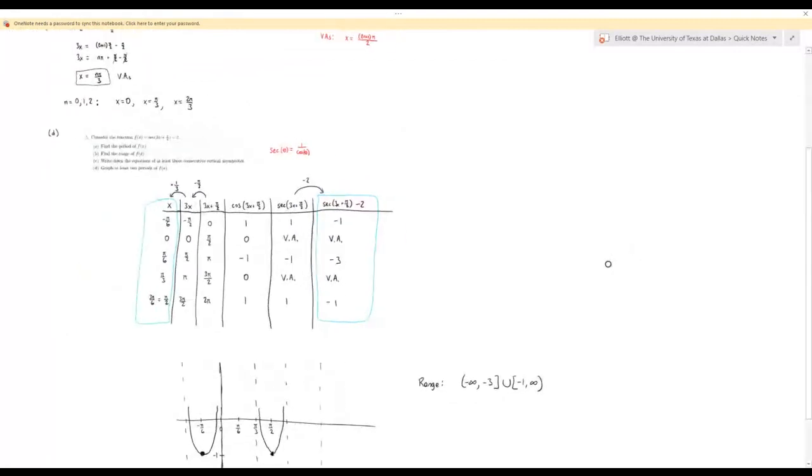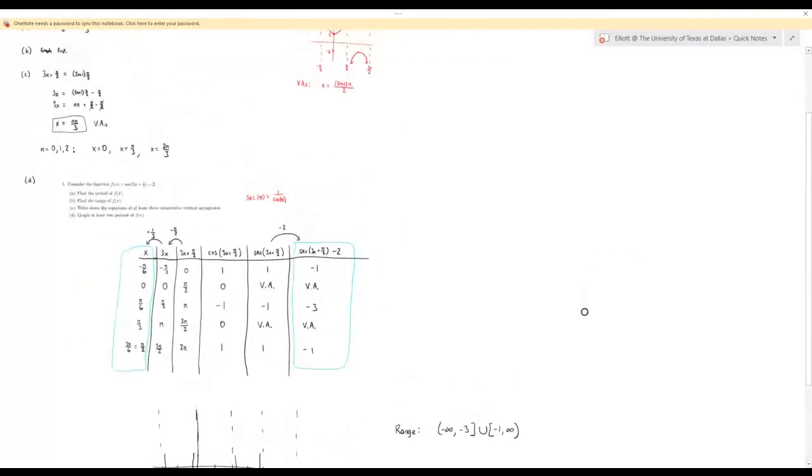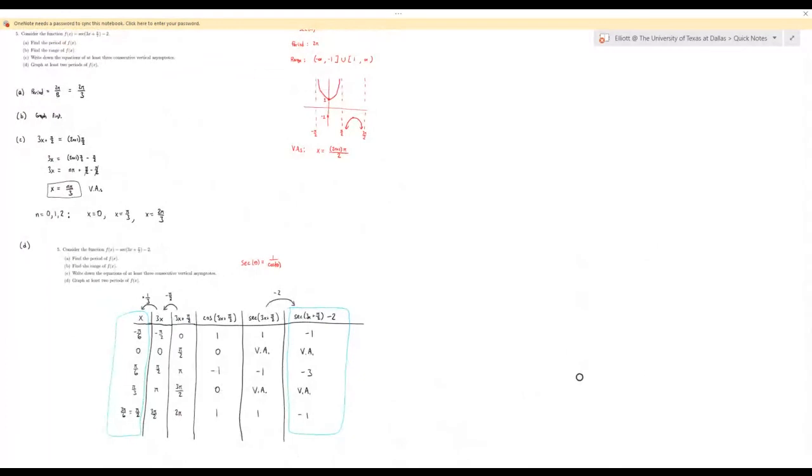So if you know that the range of the ordinary secant function is -infinity to -1, and then 1 to infinity, as we talked about earlier. What happened is we had a vertical shift where we shifted down by 2 units.